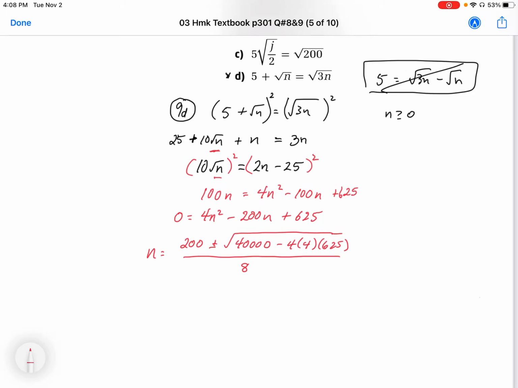So simplifying the radical term, I get 40,000 minus 4 times 4 times 625. Let me just work that out again.